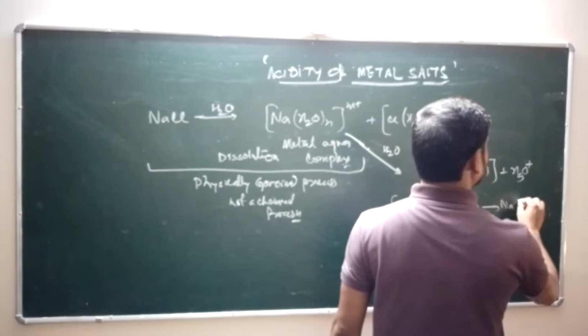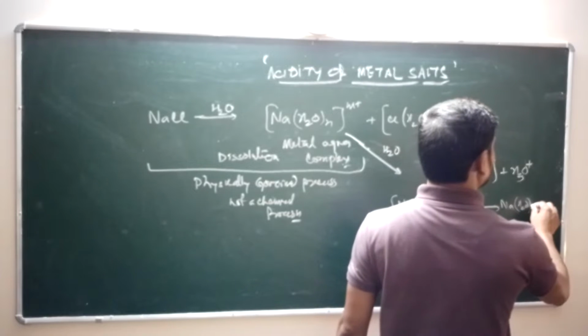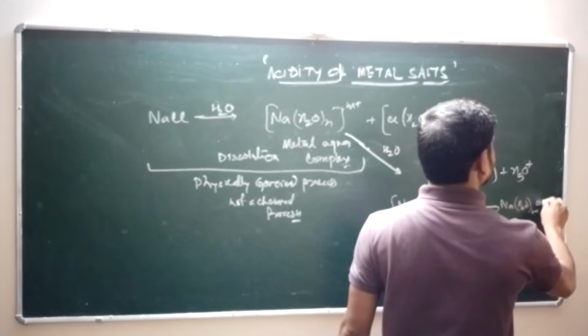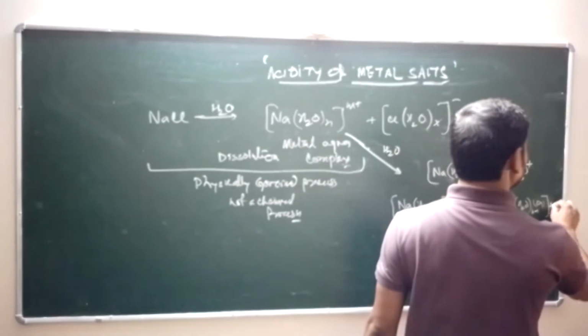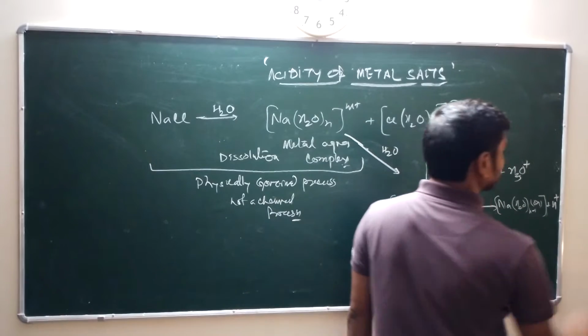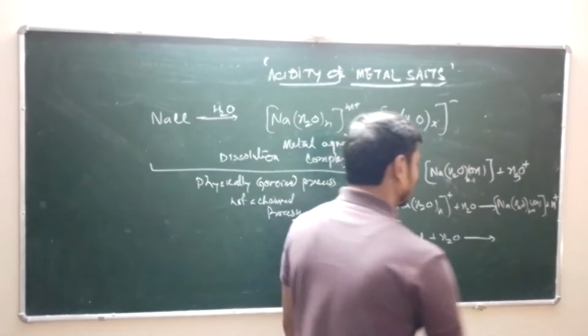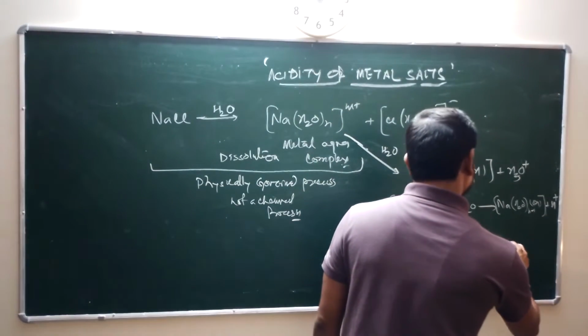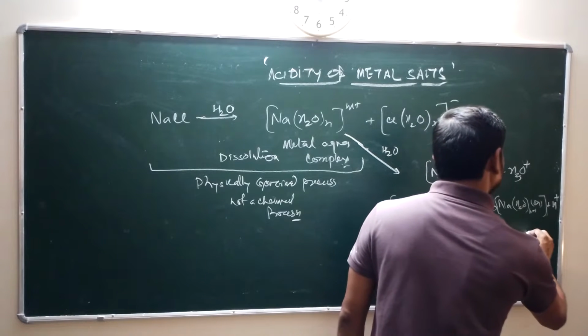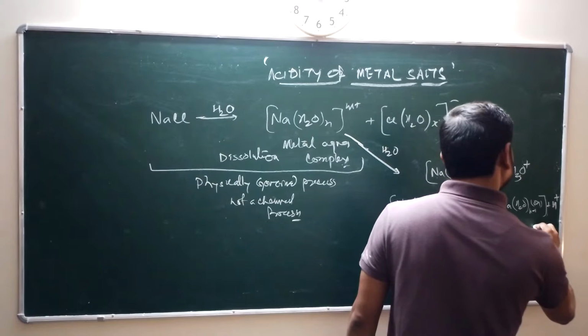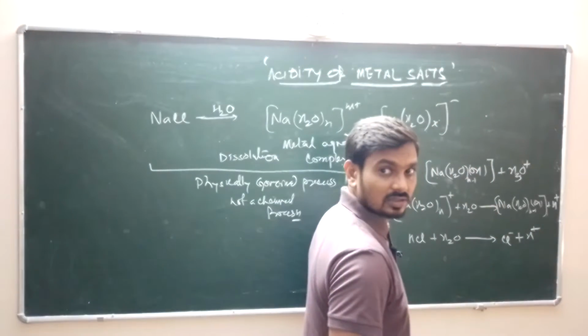This will happen like this: M(H2O)(n-1)OH plus H plus. And if I do this with HCl, the same thing: Cl minus plus H plus. This will happen or not?